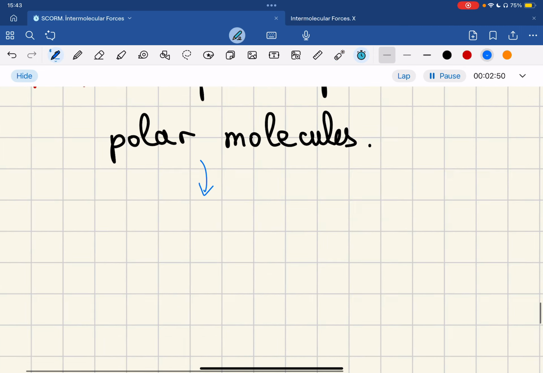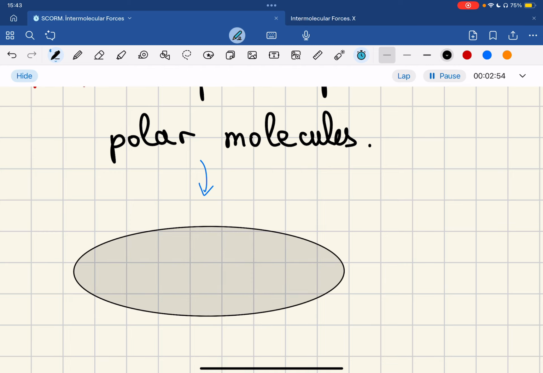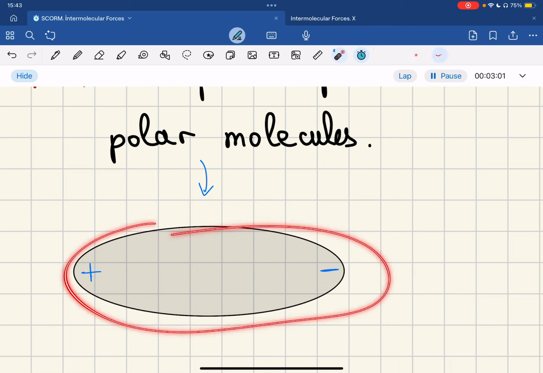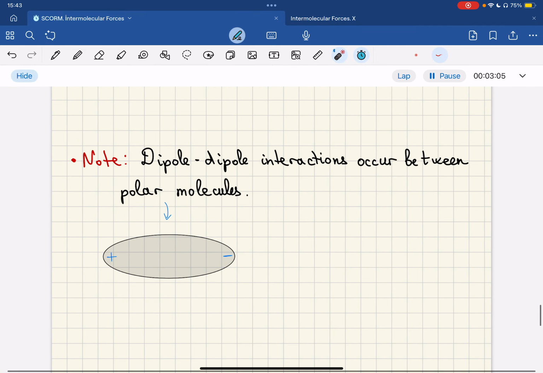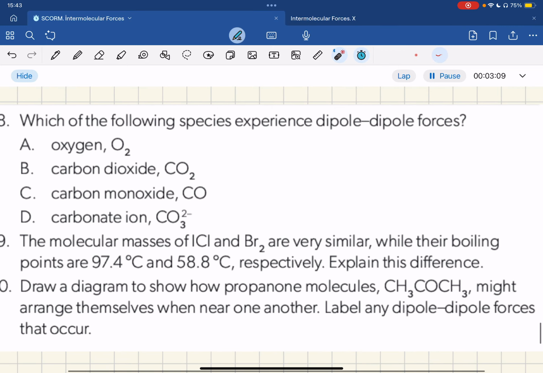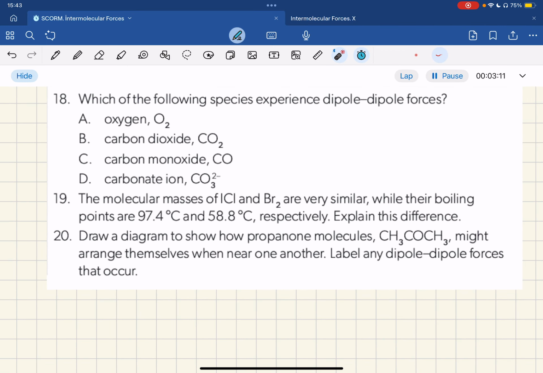Let's review what a polar molecule means. In a polar molecule, one end should be positive and the other end should be negative. Dipole-dipole interactions are between polar molecules, not non-polar molecules. Let's do examples in here. Oxygen, O2.